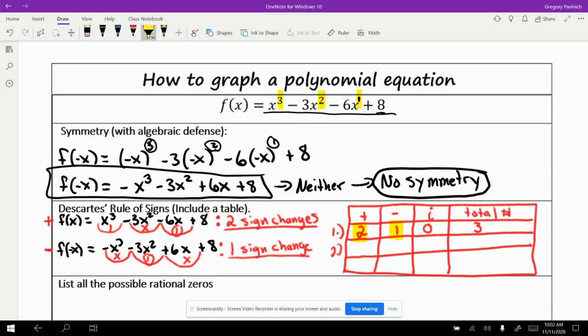I can't say one out of the positive x-intercepts and one out of the negative. So the only category that has a possibility of giving up 2 solutions is my positive. Okay, so I'm going to say, well, maybe these two positive x-intercepts, maybe they're not really there, and maybe they're really two complex conjugate solutions.